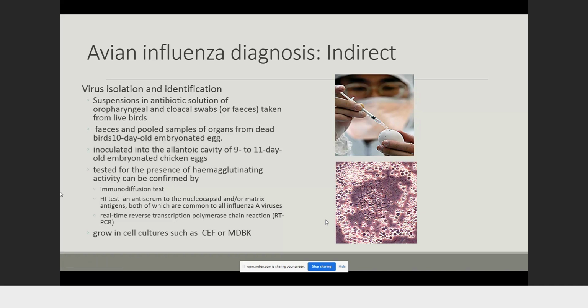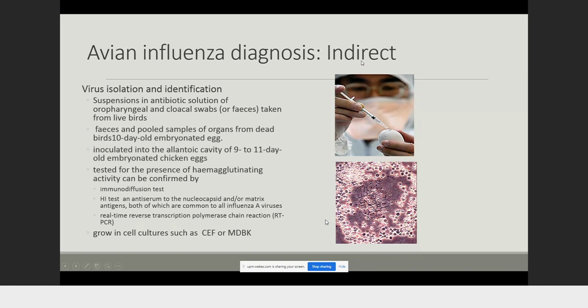You can do gel immunodiffusion test, or you can do HI test, which is very, very easy to do. And you can also subject the samples to real-time PCR or normal reverse transcriptase PCR.